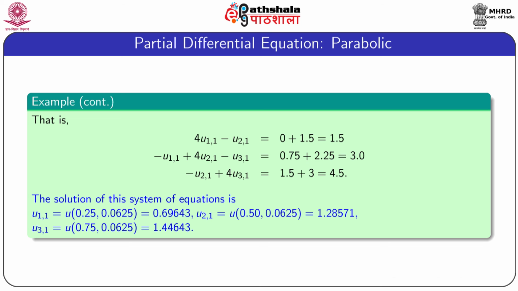So, these are the values of u at different mesh points. Now, depending on these values we can find the value of u at the mesh points D, E and F.